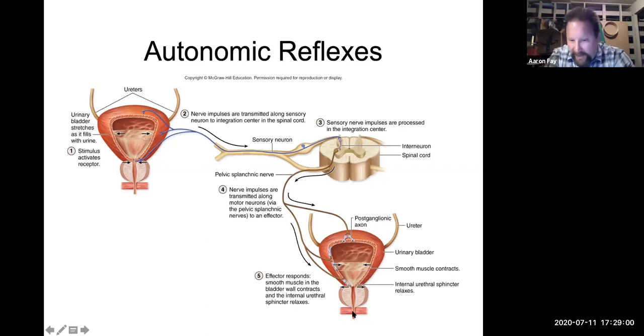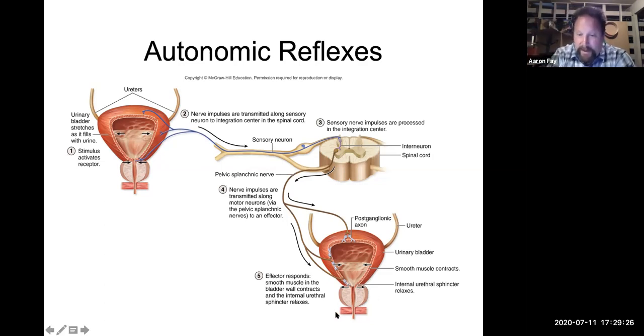So this right down here, that's going to be some skeletal muscle, right? So that is going to be innervated by your somatic motor nervous system, controlling skeletal muscle, which you do have conscious control over. So what I am getting at here is you have two separate systems. You have autonomic control, unconscious control of your bladder filling up, and then the need to go to the bathroom.